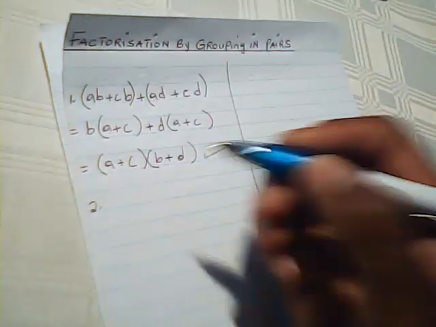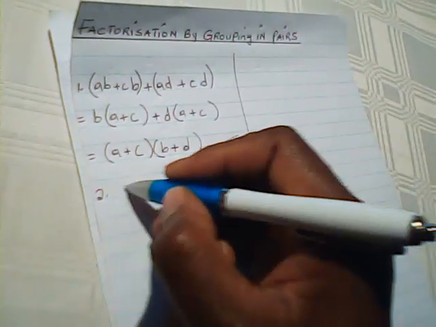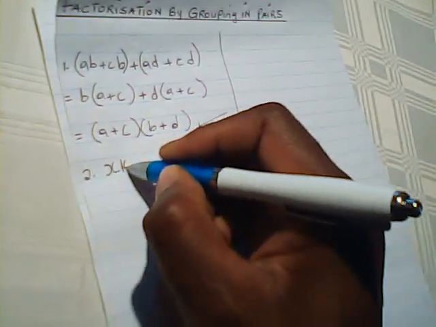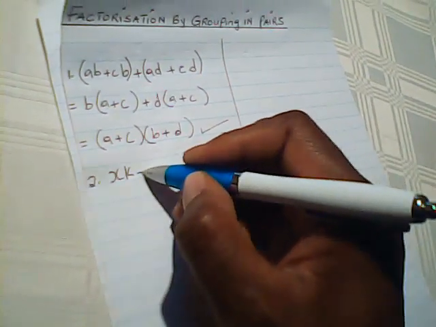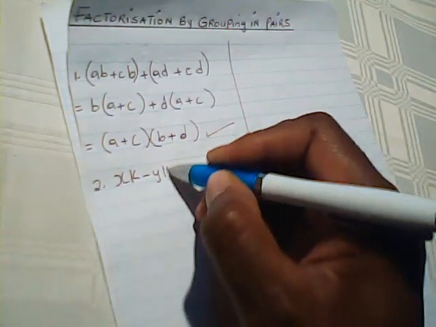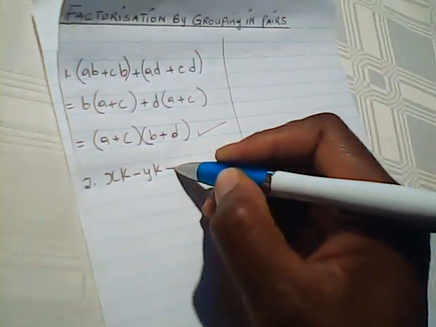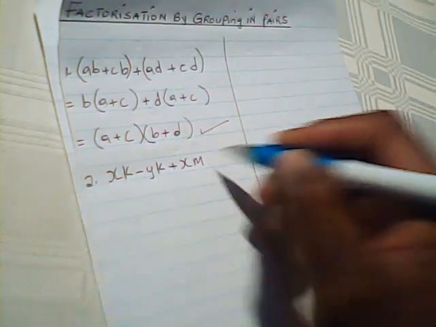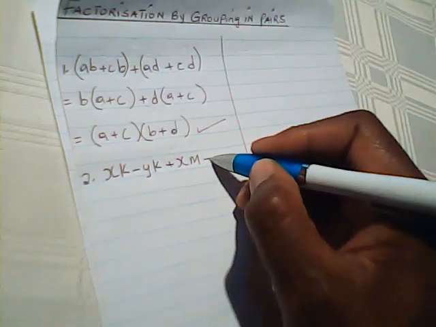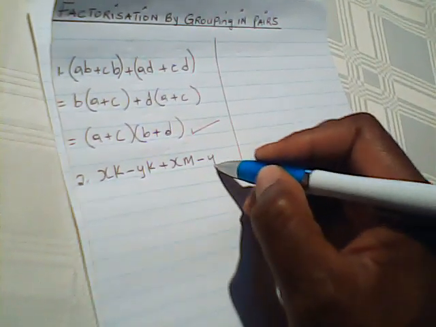Then number 2. Number 2, we have got xk minus yk plus xm minus ym.